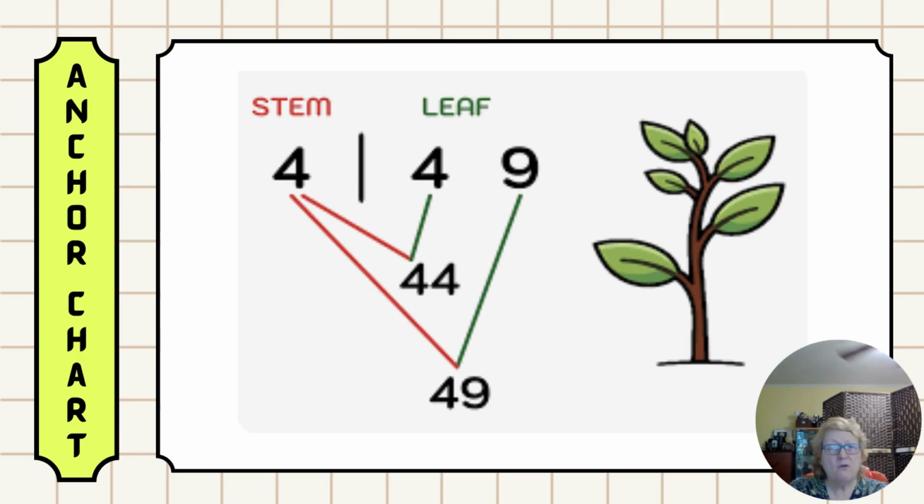All right, if you have a stem 4 and a leaf 9, then that represents the number 49. So the leaf 4 and the leaf 9 are both connected to the stem 4 because they share the same first digit in that particular place value.